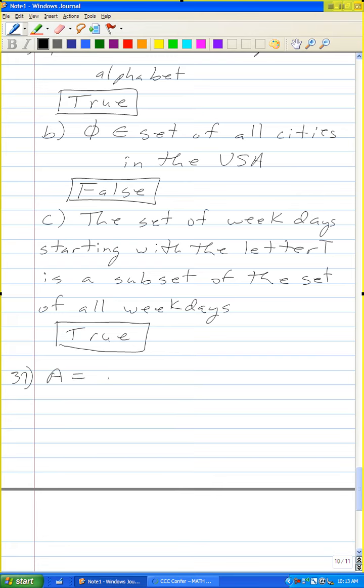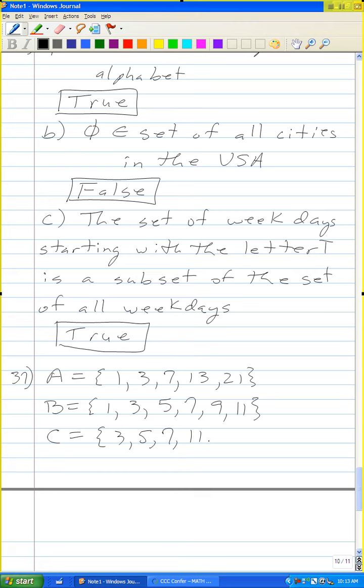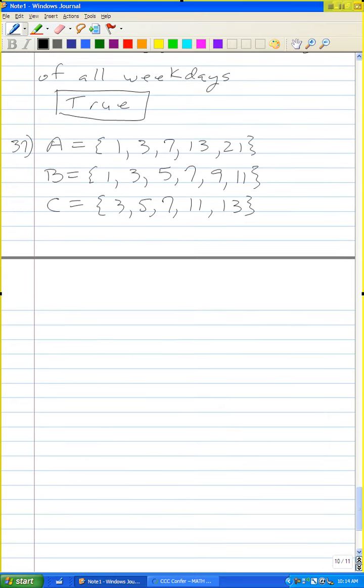A: 1, 3, 7, 13, 21. B: 1, 3, 5, 7, 9, 11. C: 3, 5, 7, 11, 13.